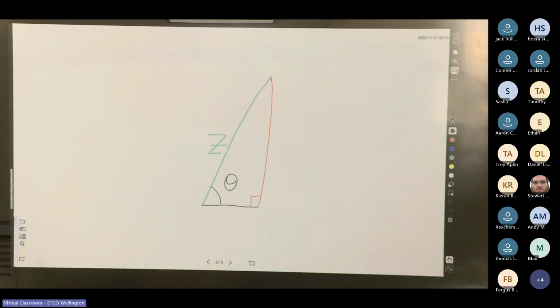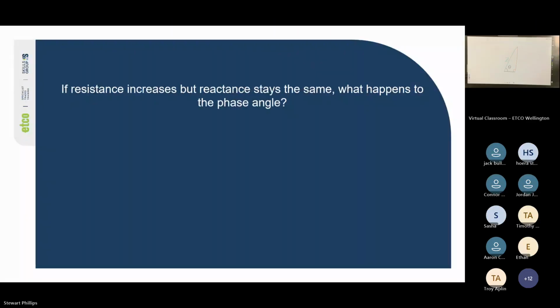But obviously, if our inductive nature is more than our resistance, we have quite a large phase angle. Cool.